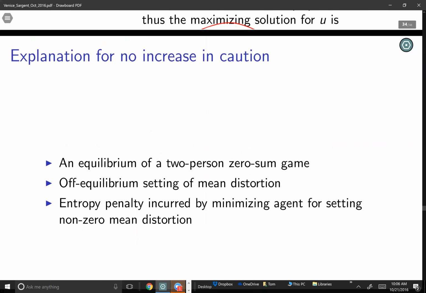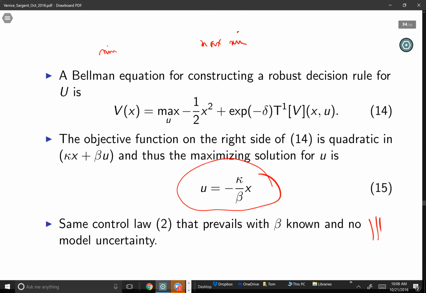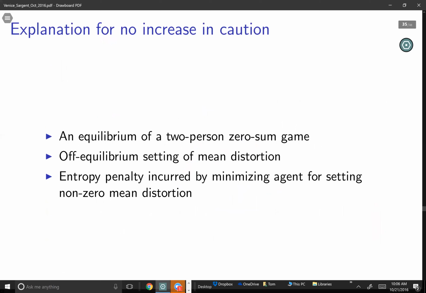Now, if you ask, so what's going on here? Well, if you drill down, the proper thing to do is to drill down and analyze the zero-sum two-player game that's going on in this context.